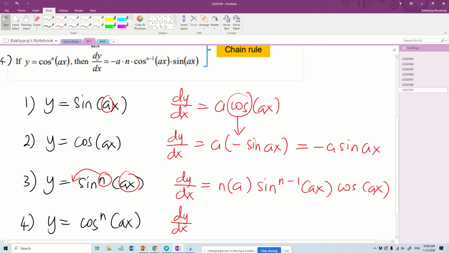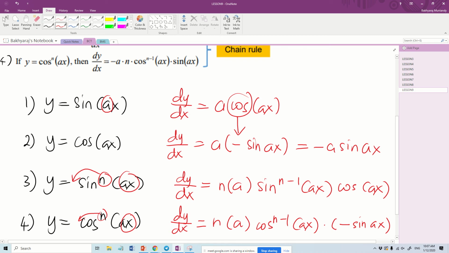So you get n, and then times a, because when we differentiate ax, we get a. Bringing it down, you get n times a, and then cos to the power n minus 1 of ax, times, this time you differentiate cos and get negative sin ax. So you get a negative.